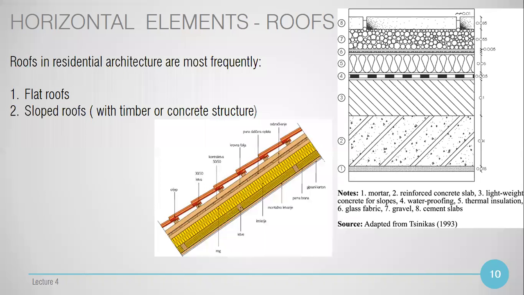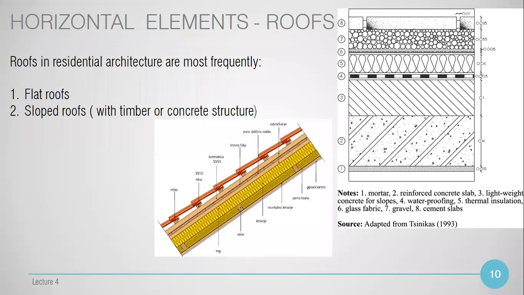And the last slide for today is the roof. The roof is the top covering of the building, including all materials and constructions necessary to support it on the walls of the building, providing protection against rain, snow, sunlight, extreme temperatures, and wind.